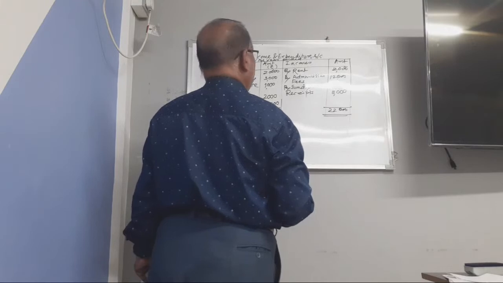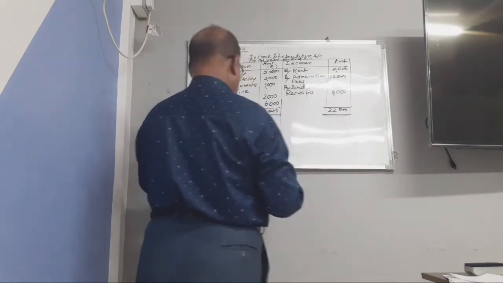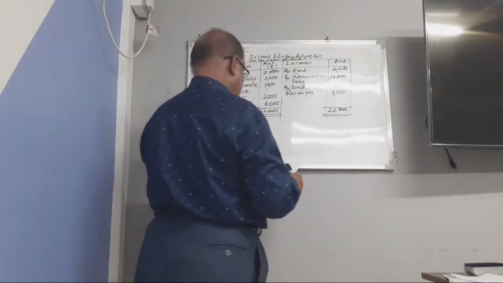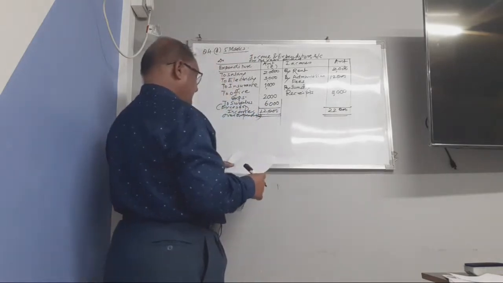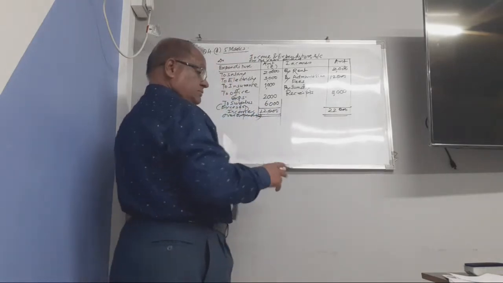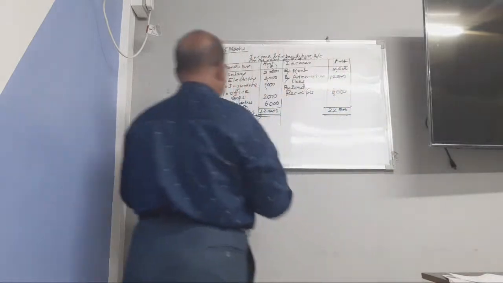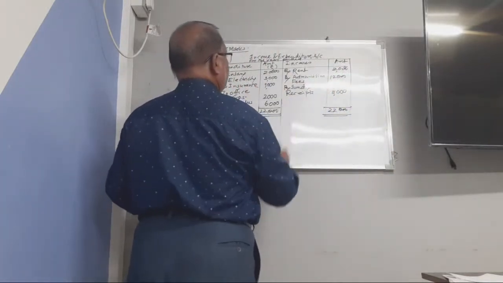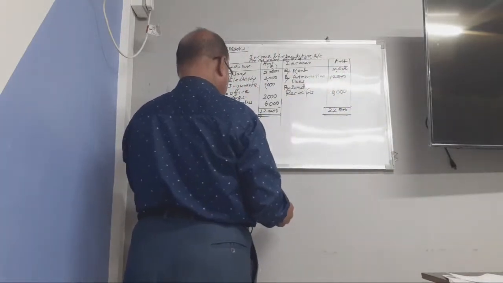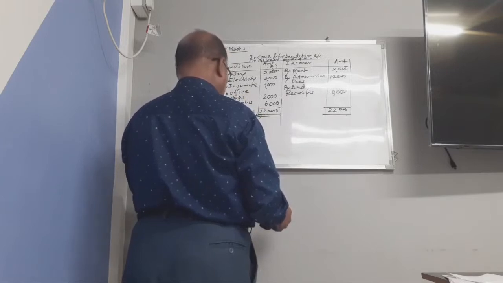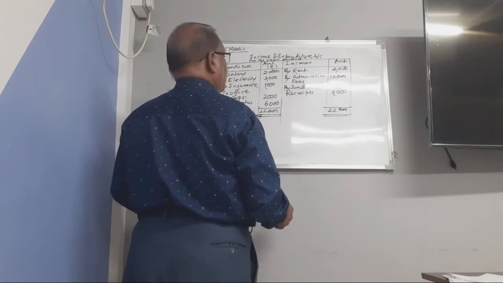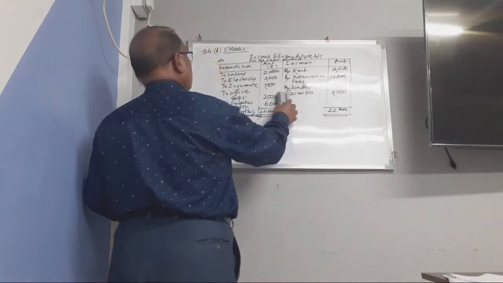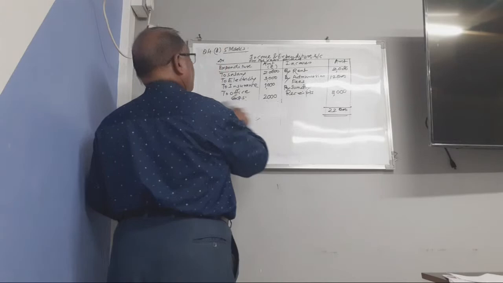So I made a mistake here. Salary is 20,000, so here it is a loss, not a surplus, because the debit side is heavier. So there is no surplus in this problem.